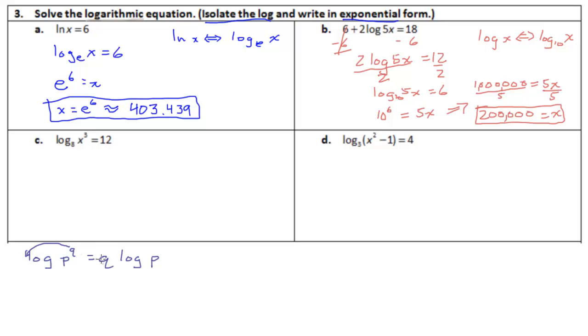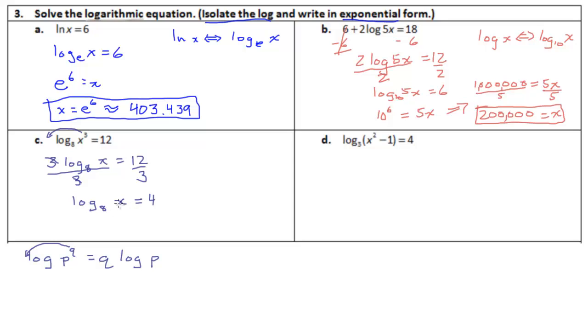This is a property that is quite useful. So to make this a little simpler, we're going to bring this 3 out front and rewrite this way: 3 log base 8 of x is equal to 12. Divide by 3 on both sides, and we get log base 8 of x is equal to 4.